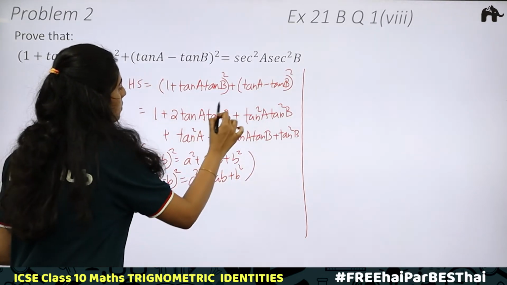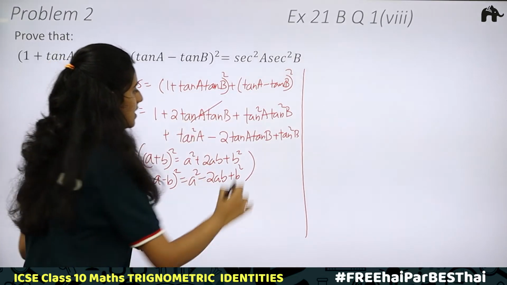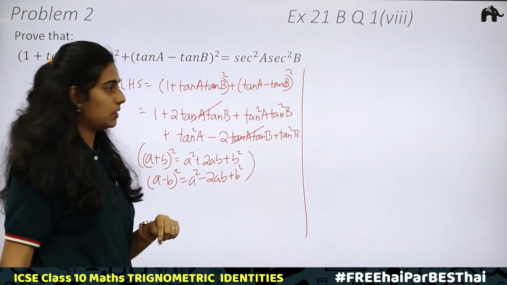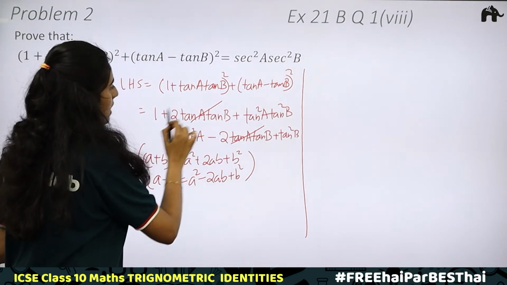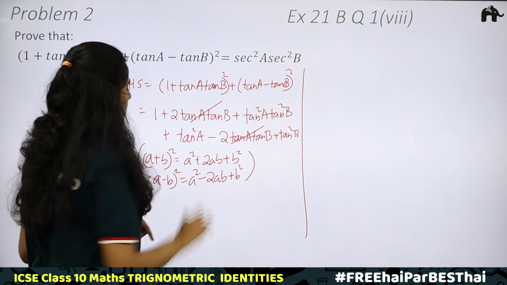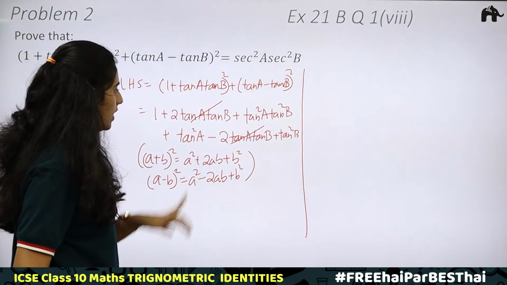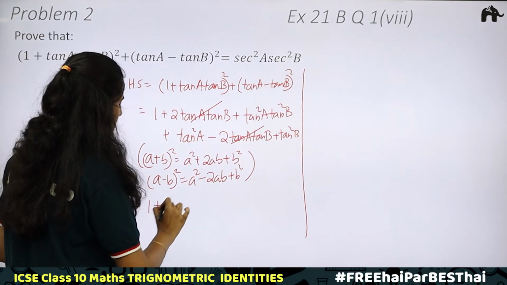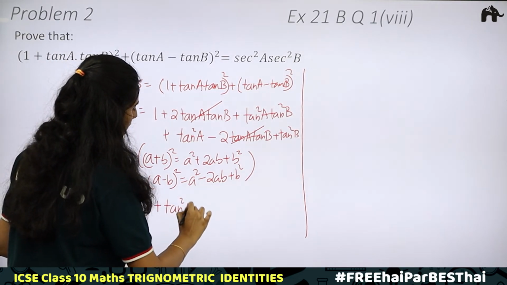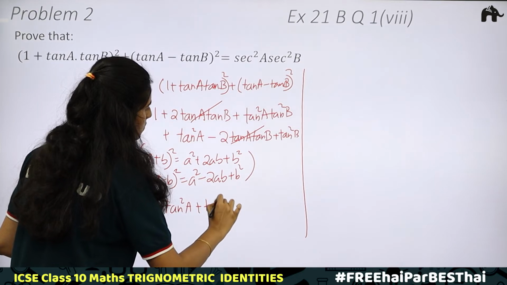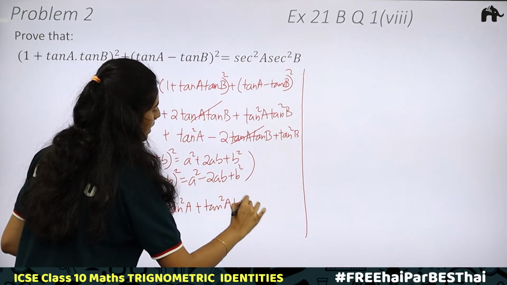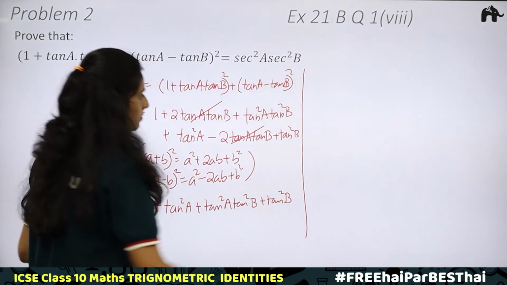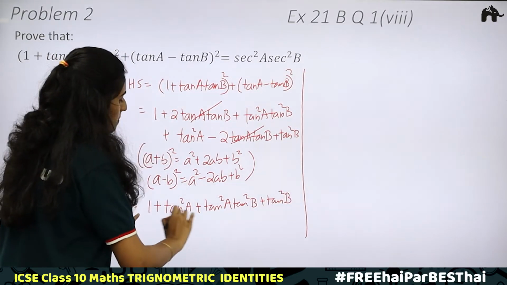Now 2 tan A tan B can be cancelled because we have 2 tan A tan B and minus 2 tan A tan B. What is remaining here? We have 1 + tan square A tan square B + tan square A + tan square B. That is equal to 1 + tan square A + tan square A tan square B + tan square B. Now what is 1 + tan square A?